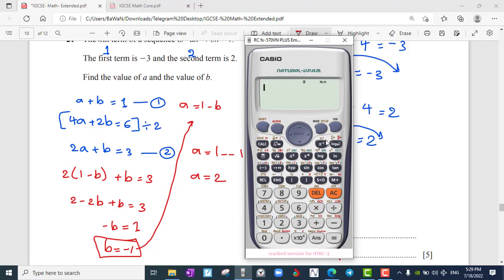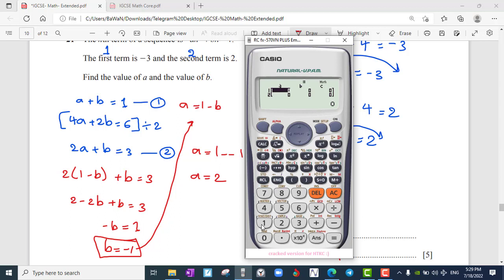Okay, how can we do simultaneous equations in such calculators? You go to Mode, then Equations, number 5, and then X and Y, two variables. Press number 1. How do I enter equation 1 and equation 2 into this screen? I don't write A, B, X, or Y. I just write the coefficients of them.